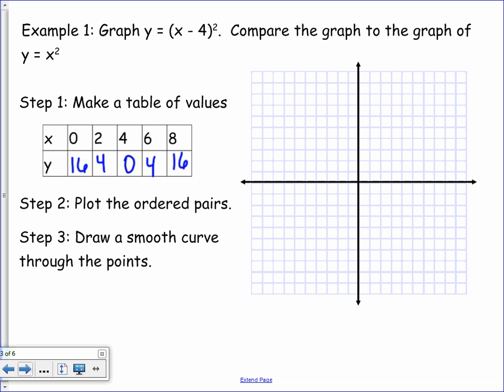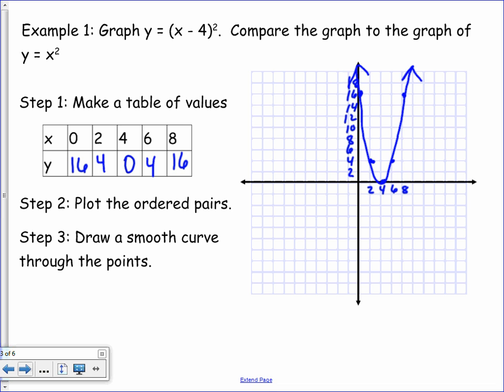Now we're going to plot these ordered pairs. I'm going to go up by 2's, that way I can graph this easier. So (0, 16), (2, 4), and I'll just go up by 2's here as well. (4, 0), (6, 4), and (8, 16).